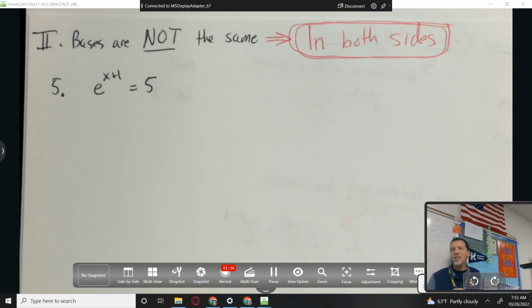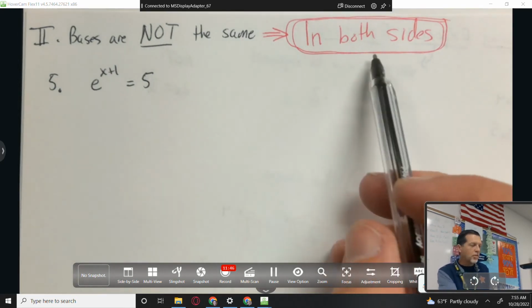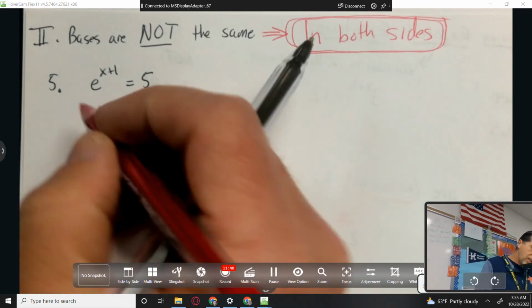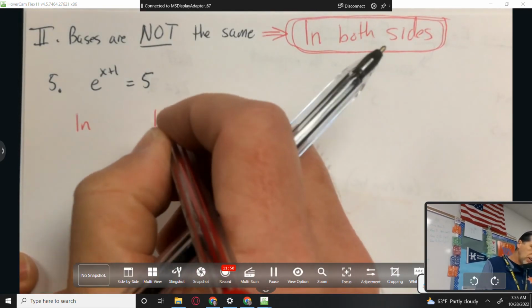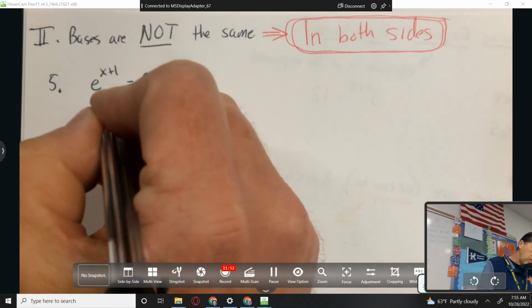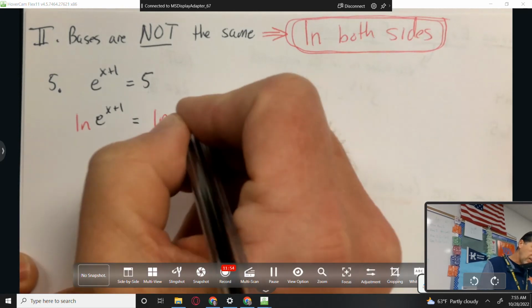Right? Like in 7th grade, you learned you could add 5 to both sides to keep it balanced. You could divide both sides by 2 and keep it balanced. A little later, you learned you could square both sides or square root both sides. This is one of the operations you can do to both sides. So I'm going to natural log both sides.